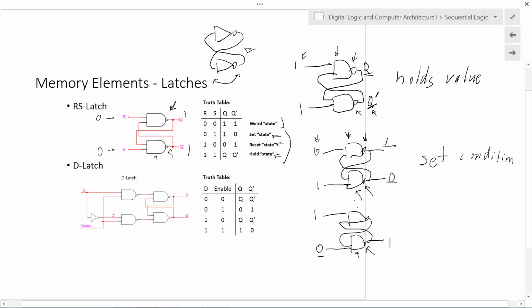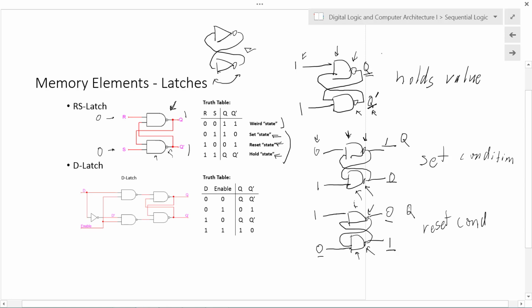This 1 ANDed with 1 is 1, and if we invert, we get 0. Notice that the feedback gives us 1 again, then 0 again. So we have this we shall call the Q variable. We'll say that Q is equal to 1 here, Q is equal to 0 here in the reset condition.